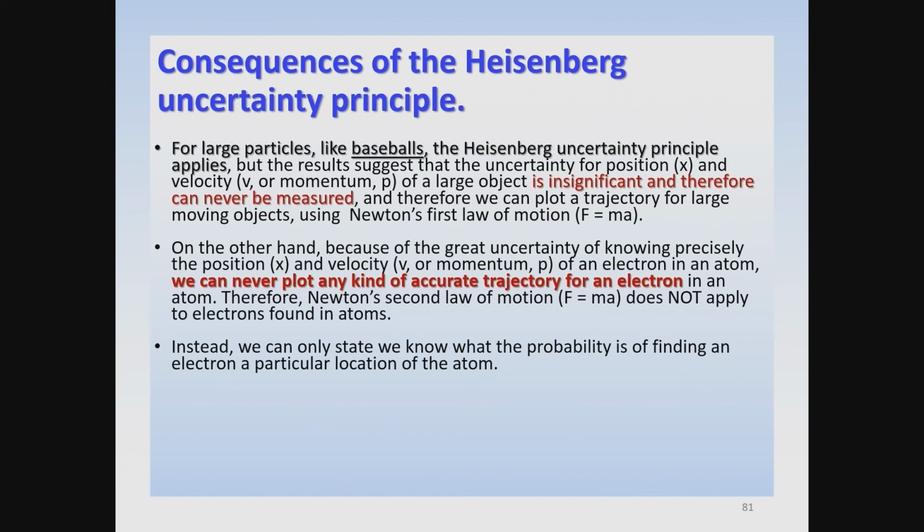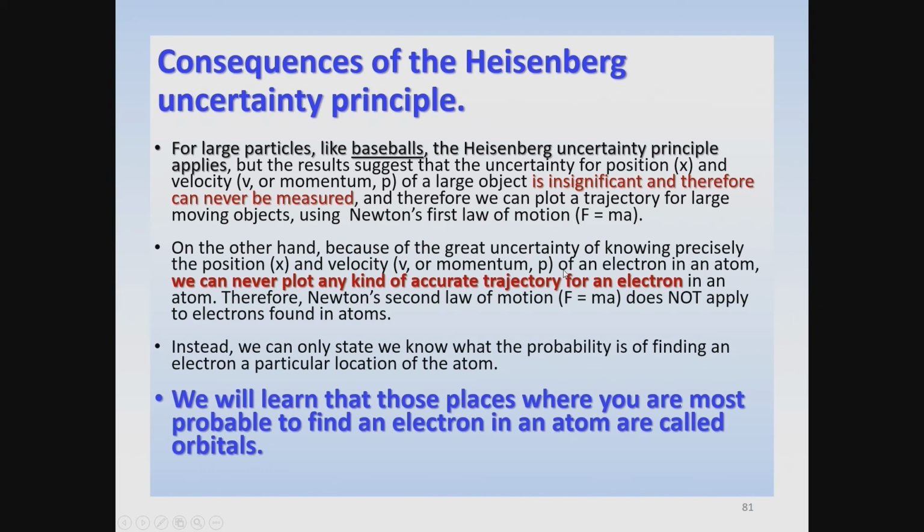However, if you're at the level of the atom, at the level of the very small, where the mass of the atom is tiny, then as you can clearly see from the previous problem, you really cannot accurately determine both the position and the velocity of an electron at the same time. So we can never truly plot any accurate trajectory of the electron's motion in the atom.